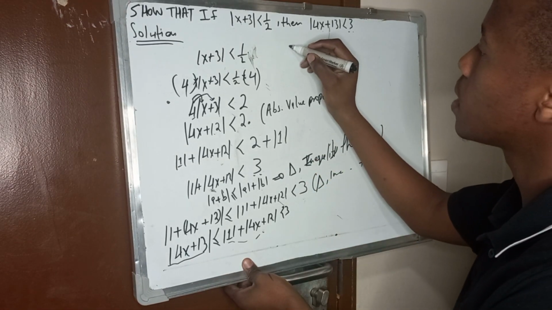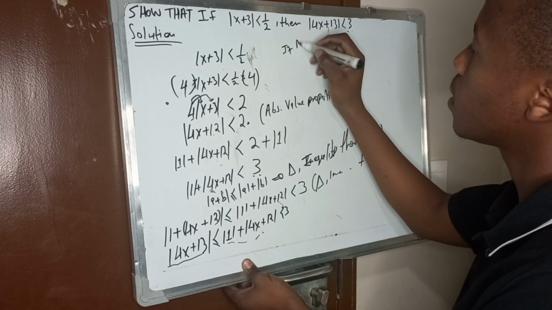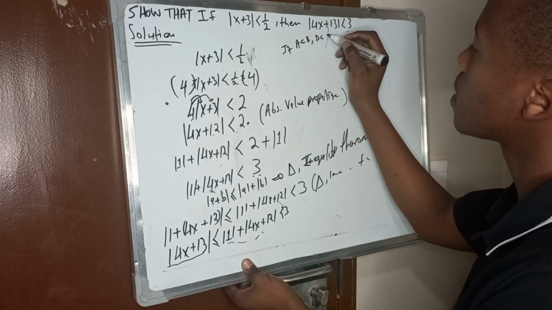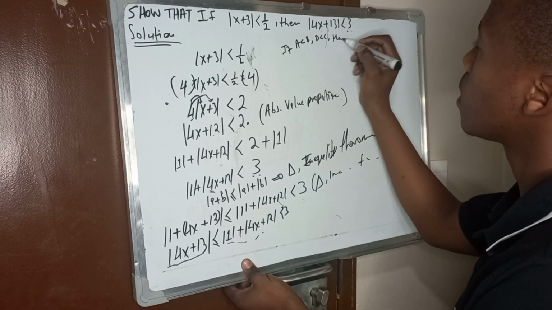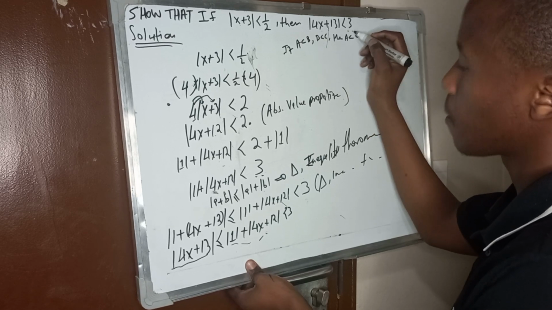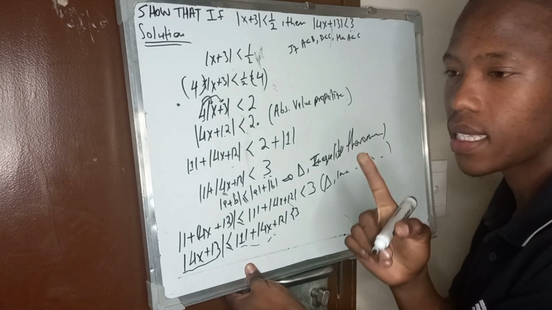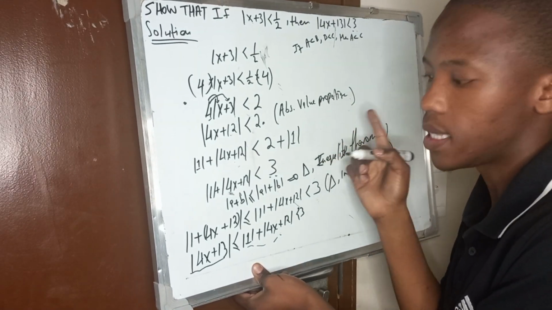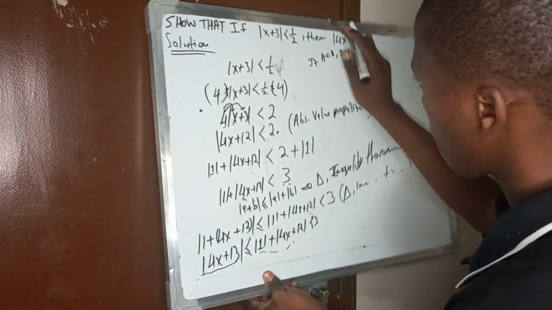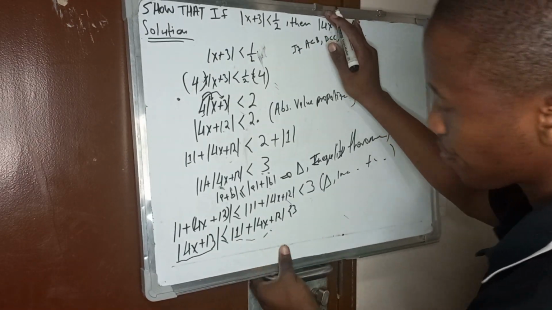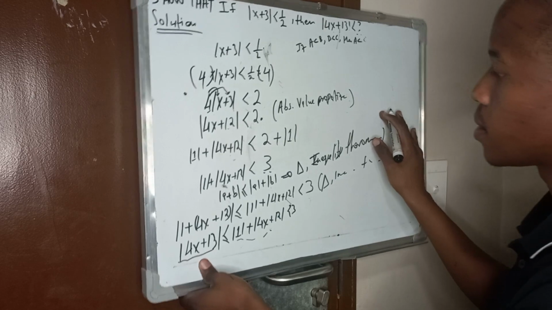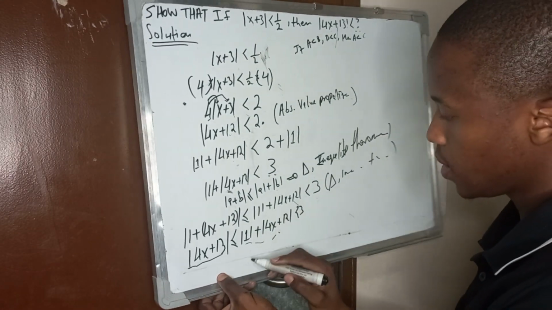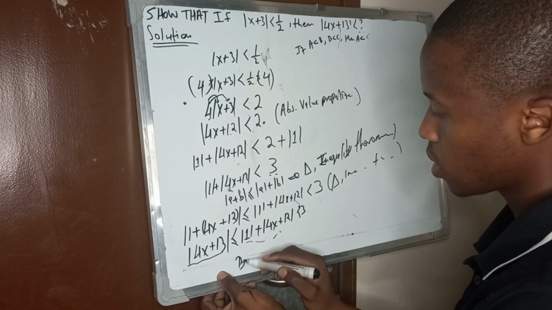Transitivity is the law that states that if A is less than B and B is less than C, then A is less than C. If 1 is less than 2 and 2 is less than 3, then 1 is less than 3. So we're nearly done. Actually, we are done already.